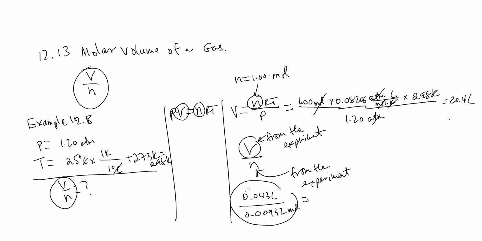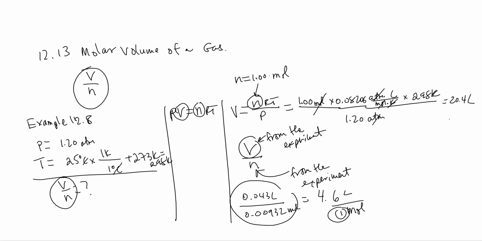So 0.043 liters divided by 0.00932 moles, and you're going to get something like 4.6 liters per mole. That implies that you have 1 mole, and that will be your molar volume. In other words, the volume of the gas per 1 mole of the gas.